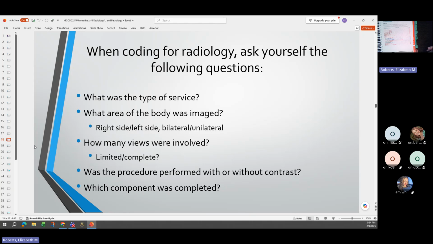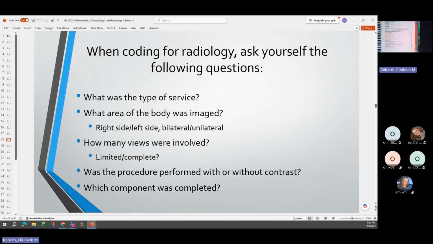This is very common with x-rays, so it is usually going to be a component for our x-ray codes, but it's not a component with CT or CAT scans, because that's a different procedure where views aren't performed. That question will have an answer for some procedures like x-rays, but not all procedures. Another thing you're going to see is limited or complete.